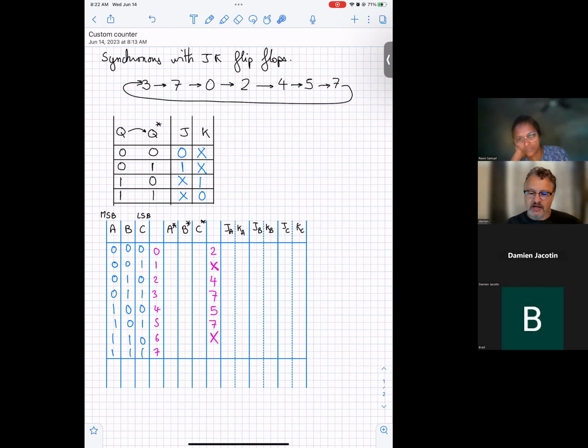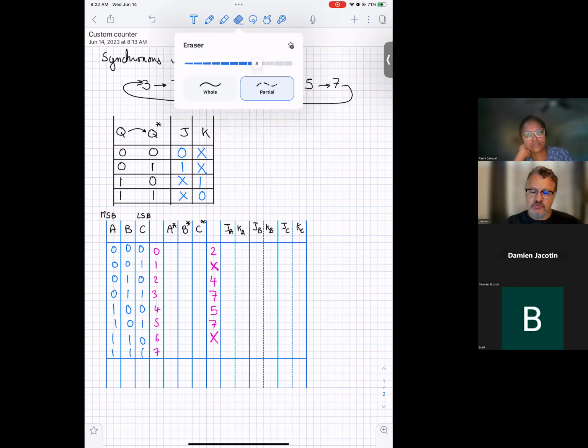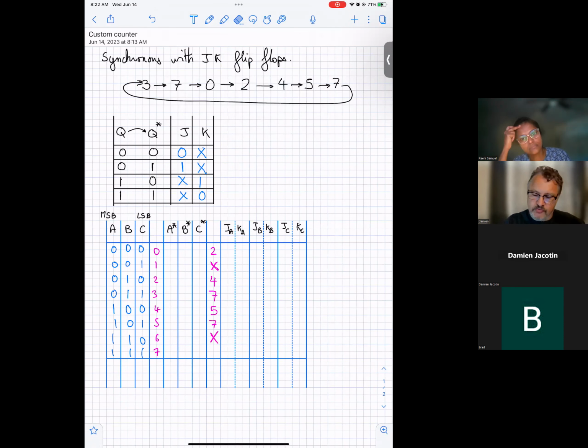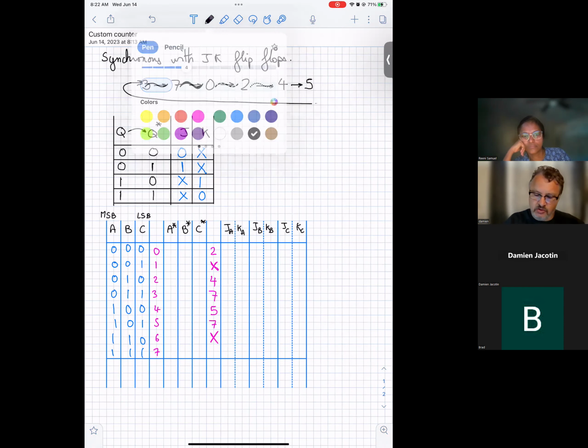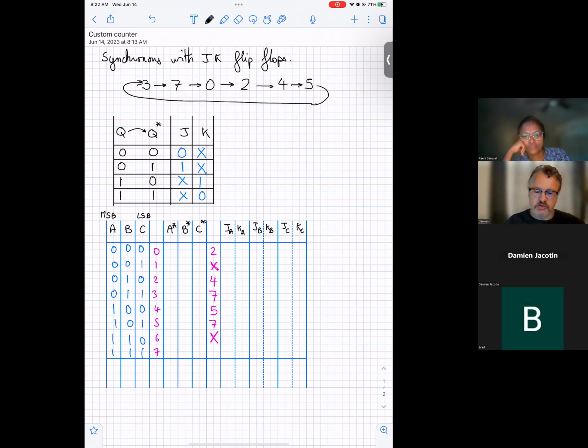So what I'm going to be doing here is we're going to change it a little bit. And so instead of going from 5 to 7 on the right, we're just going to go from 5 to 3 on the right. Okay, so I'm just going to decide we're going to change the counter a little bit like this. Okay, so what does that mean?